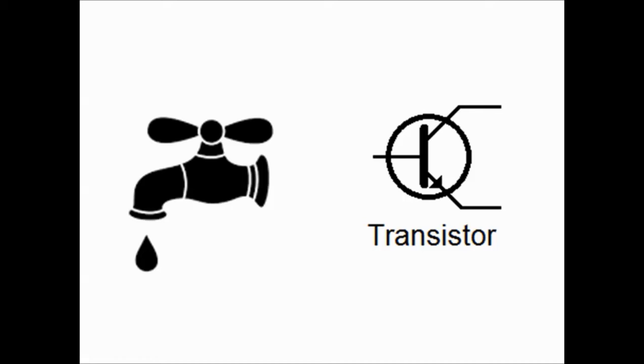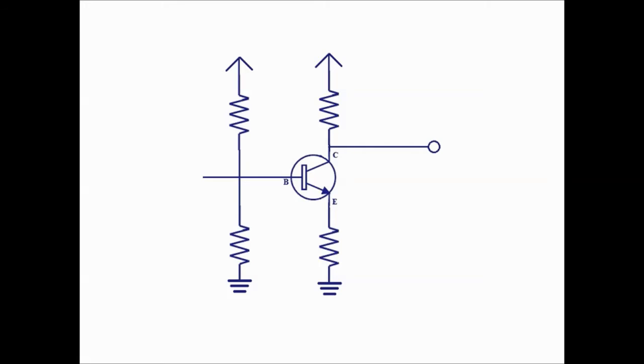So just like you could have a faucet where you have to make one complete revolution to go from 0 water flow to full flow, you could also have another valve where it takes 5 turns to go all the way from 0 flow to full blast. And you can configure the transistor to work exactly the same way.